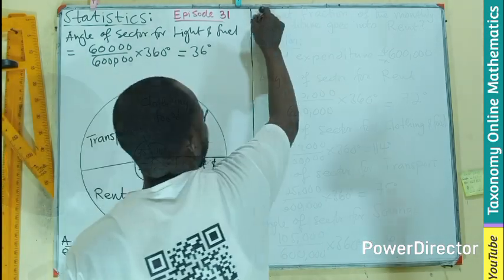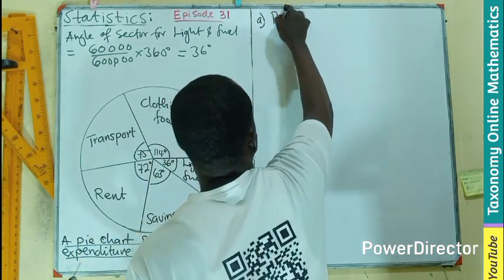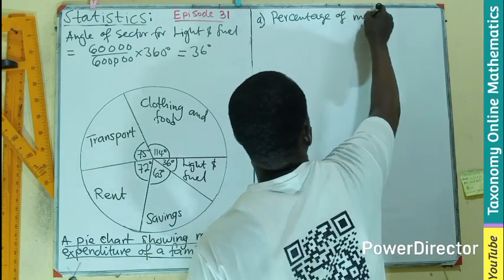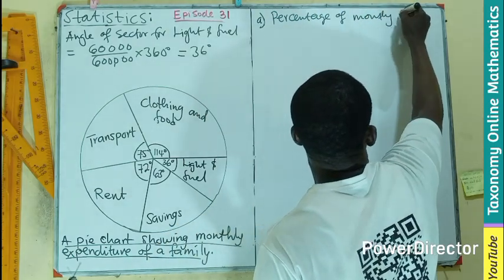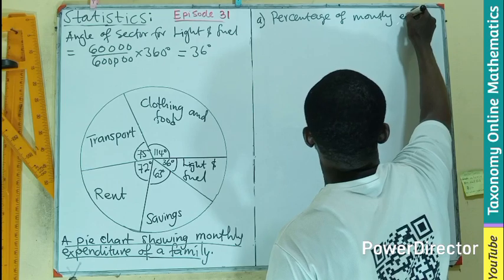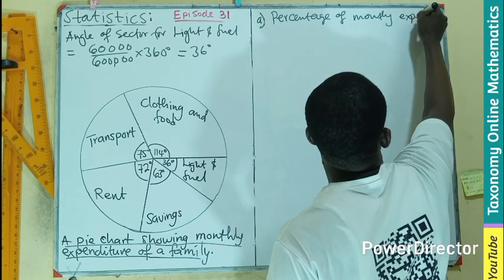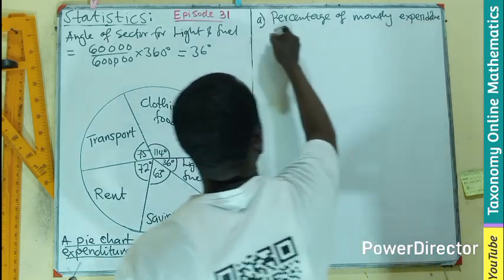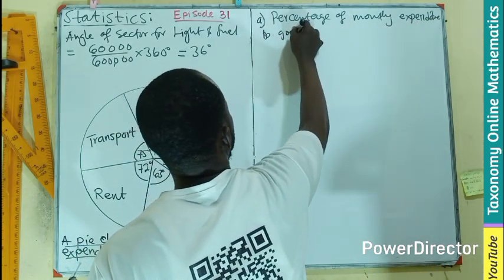Okay, let's see. So we are looking for the percentage of monthly expenditure that goes to what? Savings.